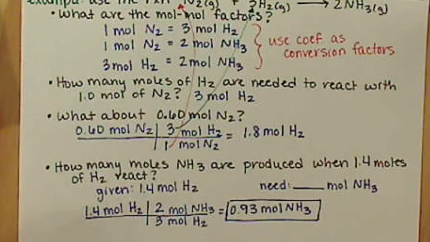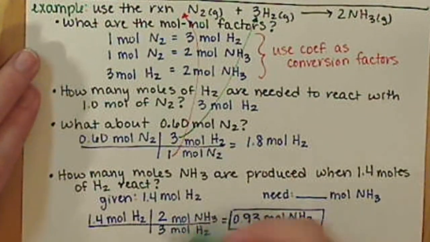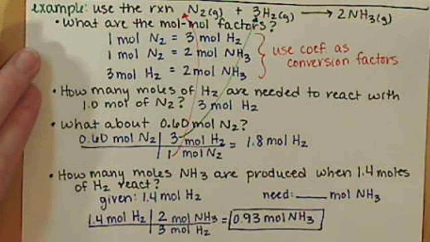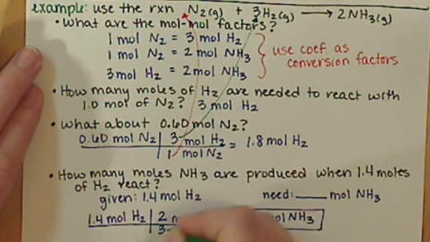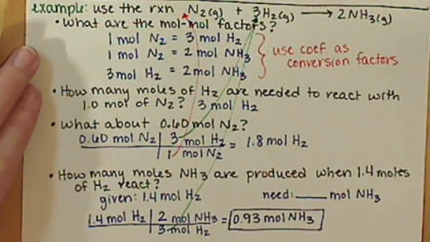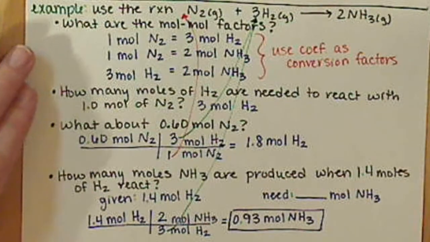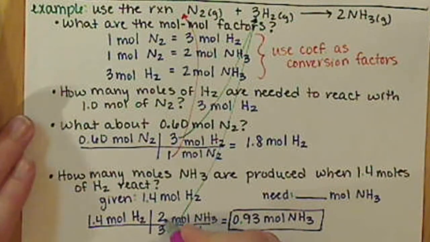Again, I'll make a little bit of a mess of the notes, but just to show you again where those numbers came from, I'm going to keep it color-coded. The 3 from the hydrogen was the same 3 that we used in the previous example, coming from the coefficient in front of hydrogen. I'll use my pink color here for the 2.